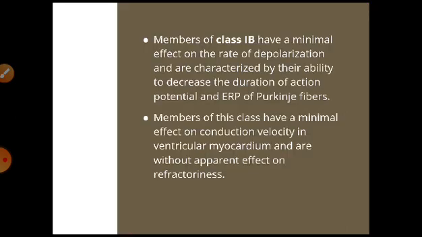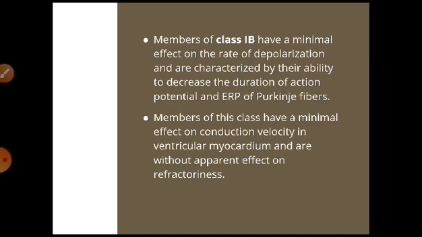Now we move to class 1B. They have a minimal effect on the rate of depolarization and are characterized by their ability to decrease the duration of the action potential and ERP of Purkinje fibers. So you see, they are not changing much the rate of depolarization, while they decrease the duration of the action potential, meaning how long the action potential persists.